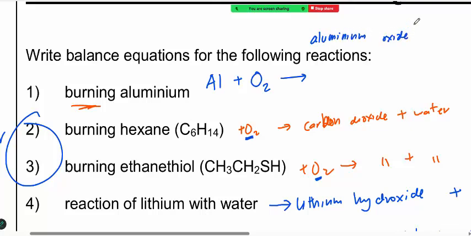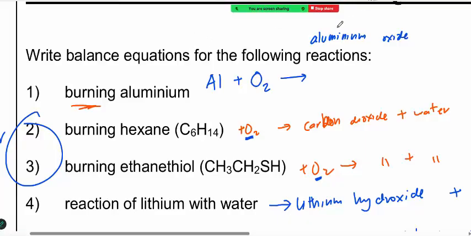So for aluminium oxide, you cannot just simply write AlO2. You have to go back to what we learned previously. Aluminium is Al3+, and then oxide is O2-.